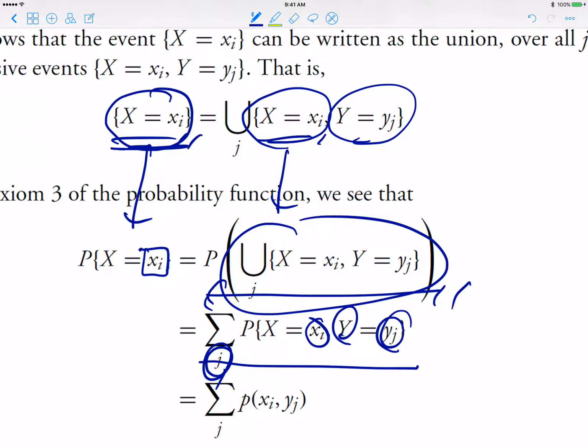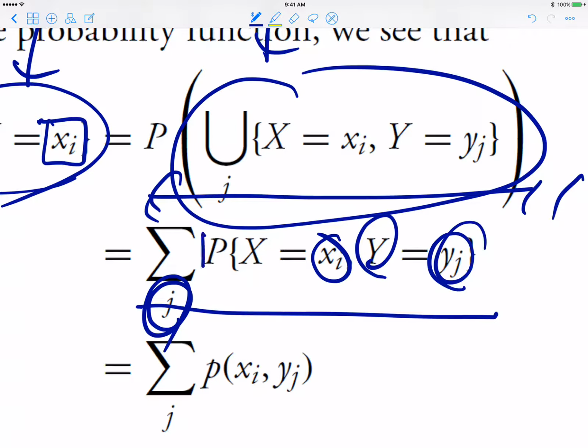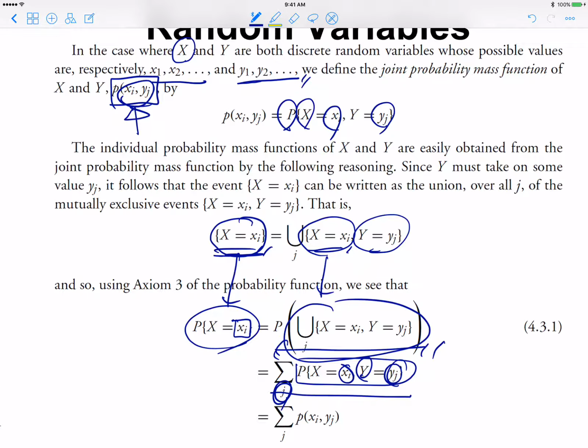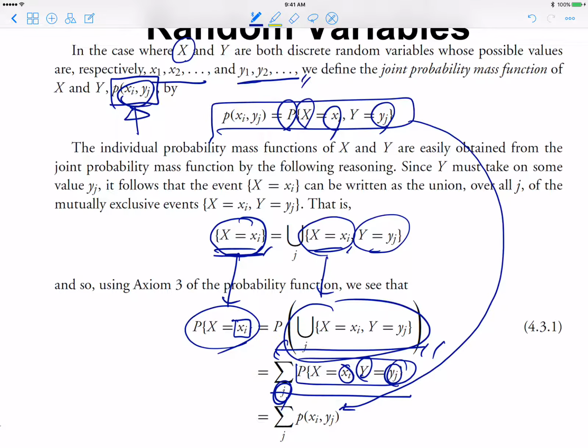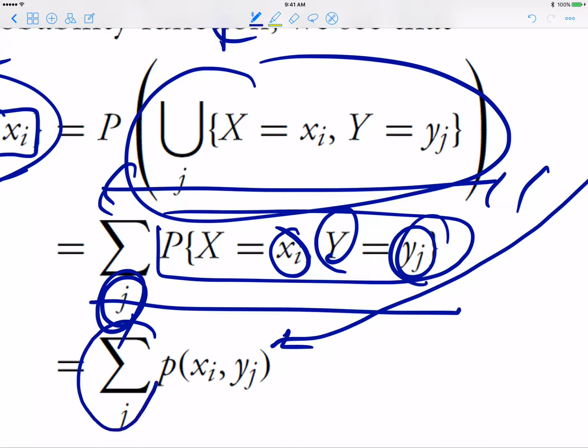And then we simply sum these probabilities to obtain this value. This one is our joint probability mass function, added together for all the possible y values.